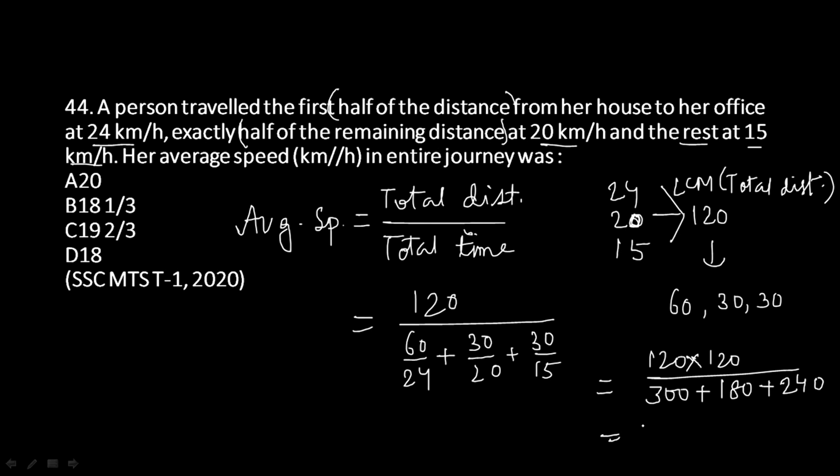So 120 into 120 divided by 720, yes 720. So this will be 6 and this will be 20. So 20 km per hour is the answer.